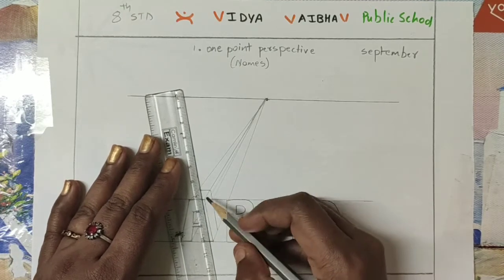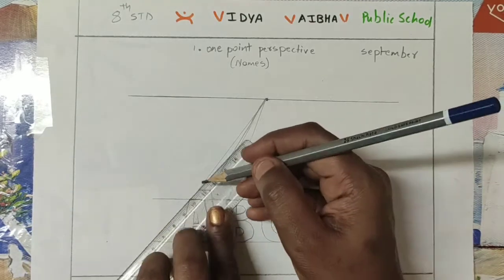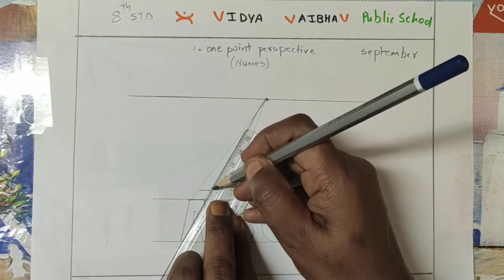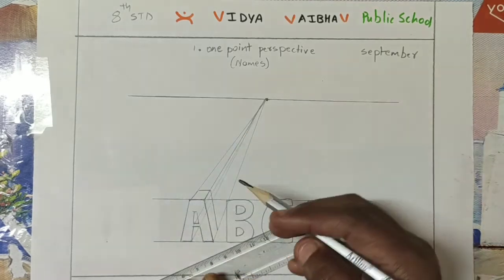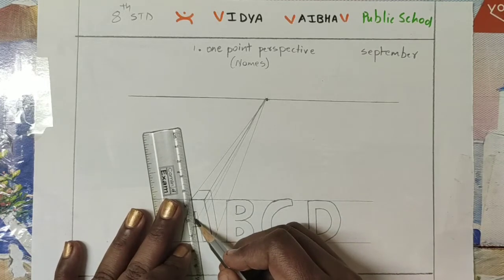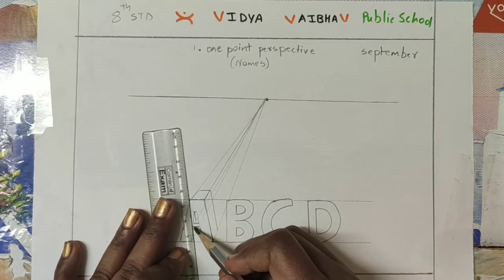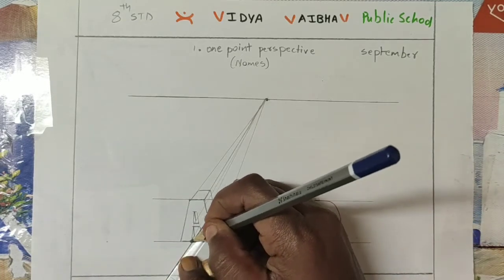I am finding the other face. Exactly, I am giving a parallel line. Even we should give the depth to this place also.